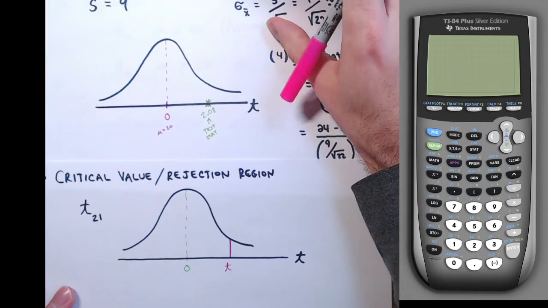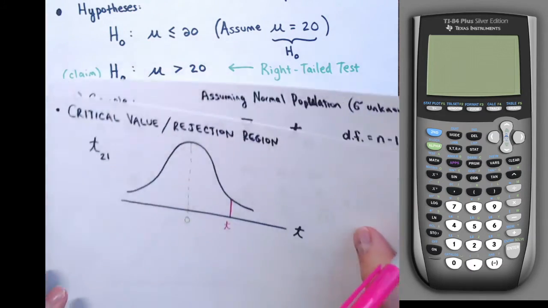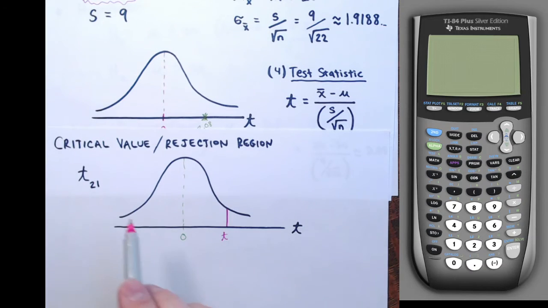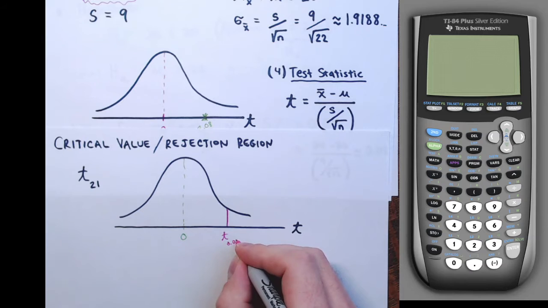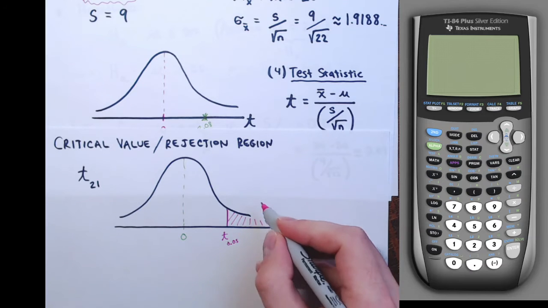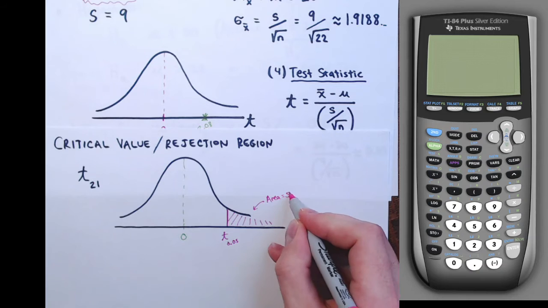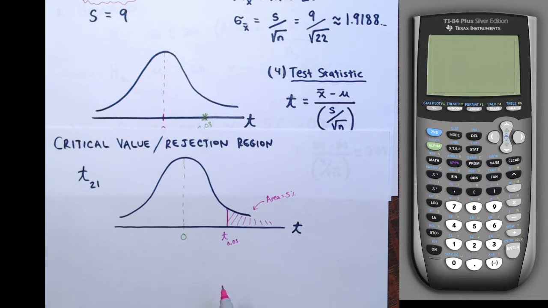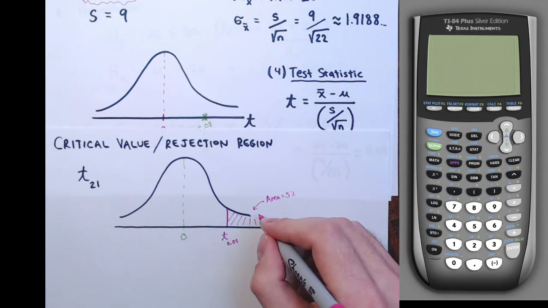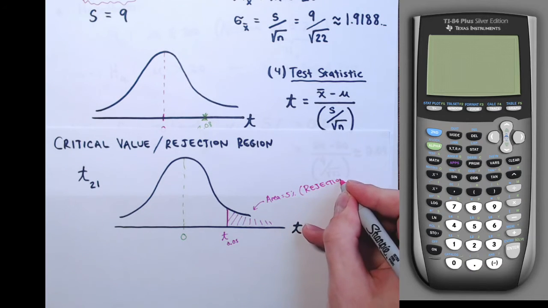Now alpha here, right, the significance level was 5%. So for this t distribution with 21 degrees of freedom, what's this value here? T 0.05. Right? What's the t-score with an area of 5% under the curve to the right of it, above it? This right tail rejection. This is the rejection region. I'll just put rejection. Right.